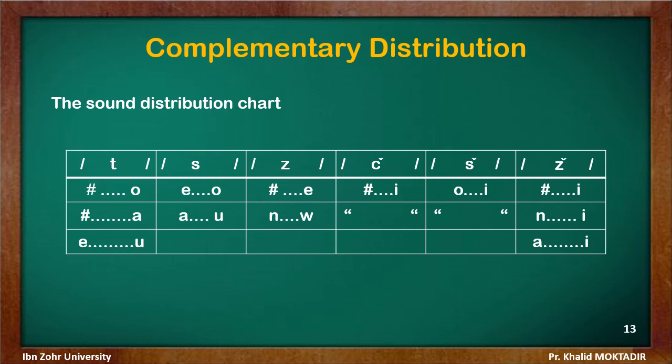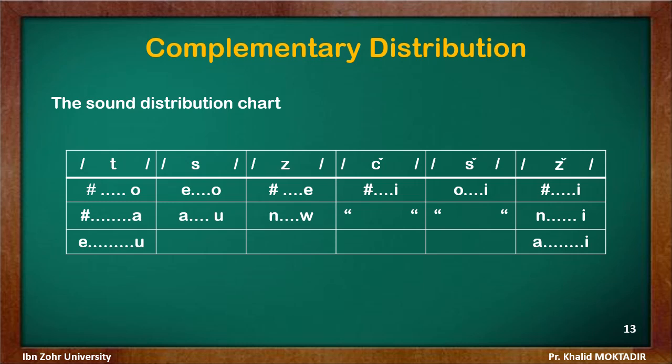We find them in word initial position, as you can see on the left side of your chart, between two vowels. For s, it occurs all the time, in fact, between two vowels. For z, it occurs in word initial position, and also between a nasal and a glide.